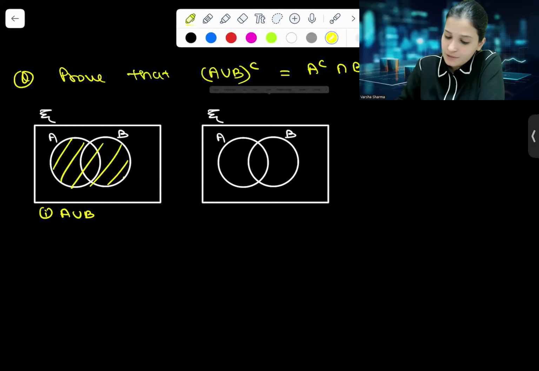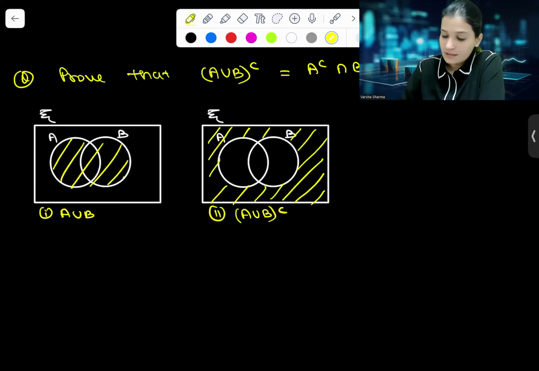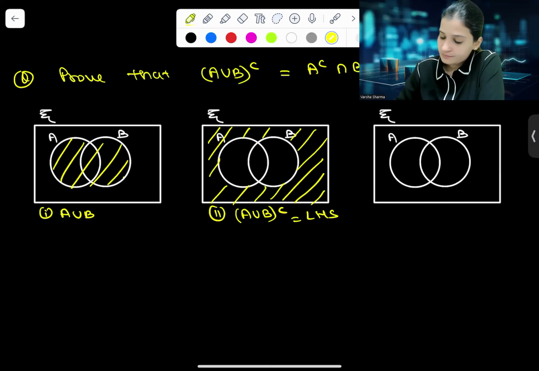Then A union B complement. That is everything outside the two circles. Yes, this is LHS.